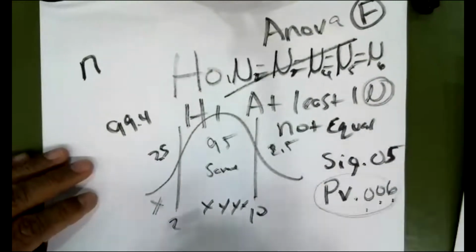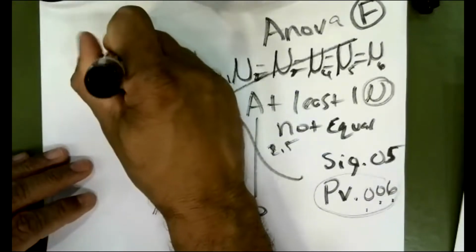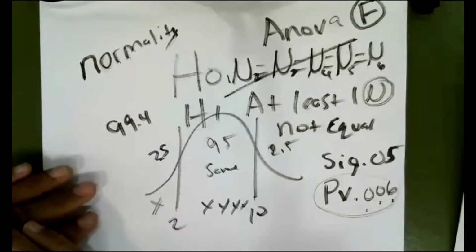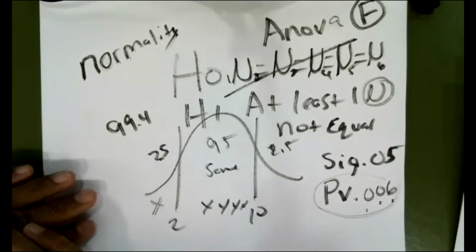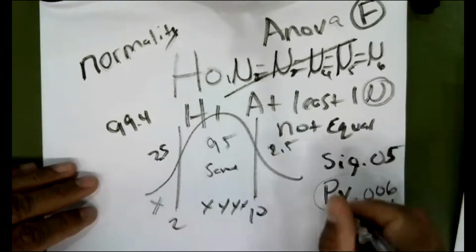So how do we know that's accurate? The way we know is we look at normality. What is normality? We look at skewness and kurtosis. And if skewness and kurtosis is between -1 to 1, then that means that it's normal. If it's normal, because this is a normal bell-shaped curve, then we know that our p-value is accurate.